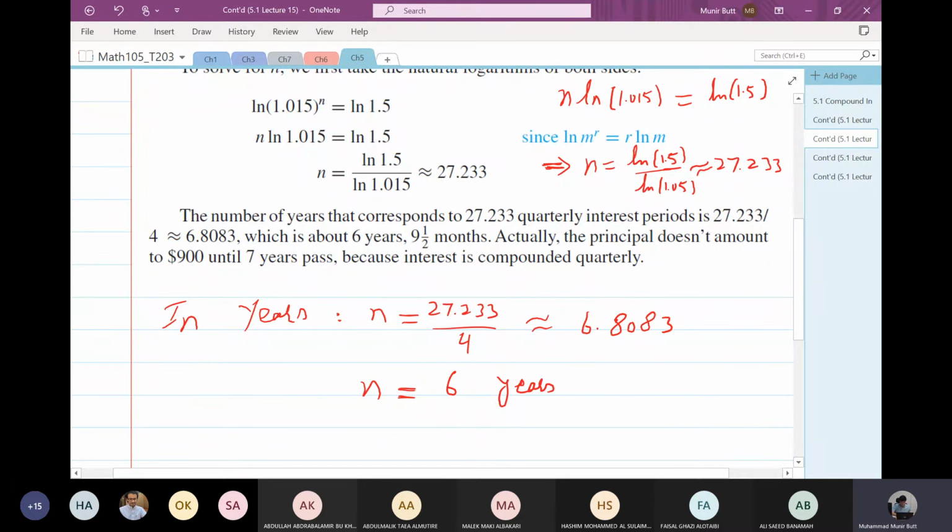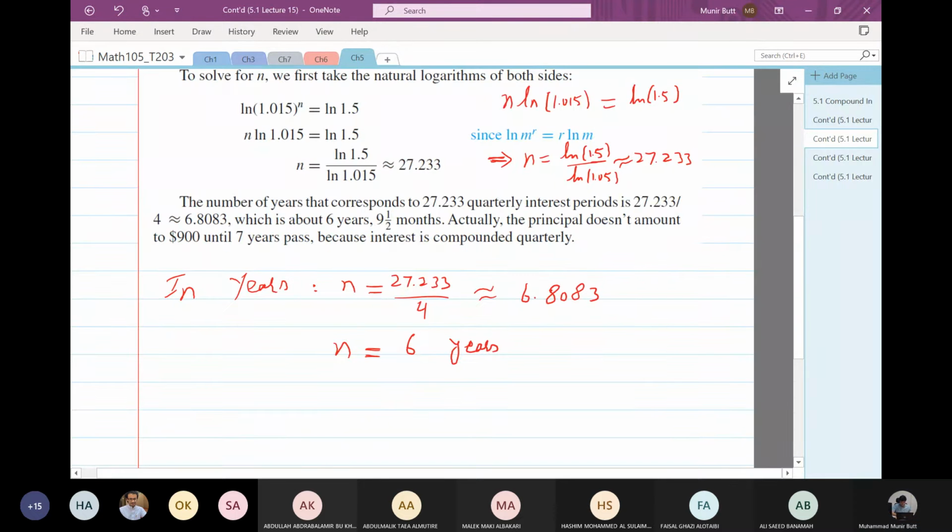and how many months? If it is 6.8, then how to compute the months? Over 12. Yes, you divide, and it will be about 9 and a half months.